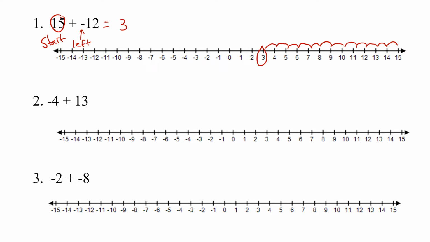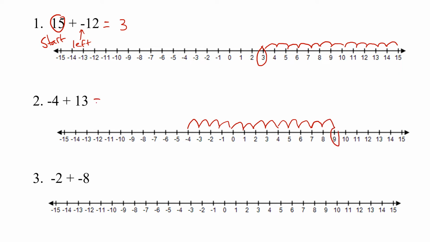Now I am starting on -4, and I'm going to the right 13 because that is a positive 13. So 1, 2, 3, 4, 5, 6, 7, 8, 9, 10, 11, 12, 13. So I get 9.